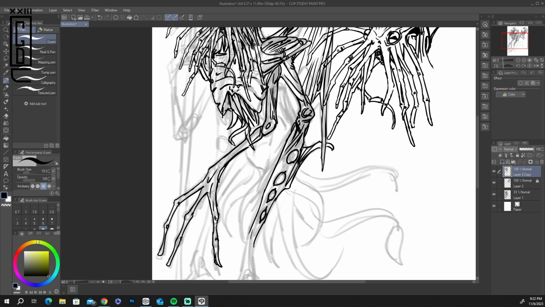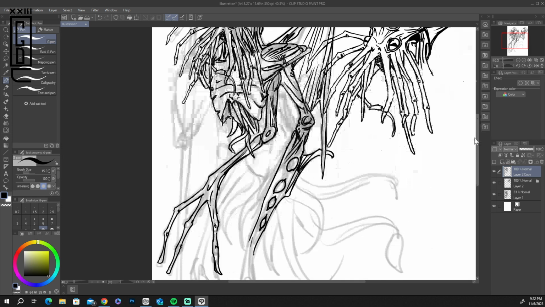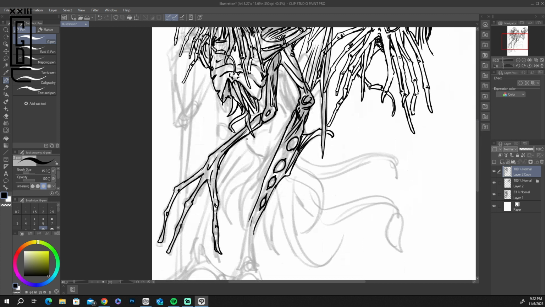That's the beauty of working with digital. You can make, you know, this is gonna be like an inking kind of stuff, but probably we're just doing... oh, it's a Cthulhian actually.